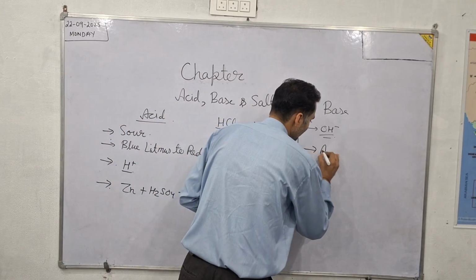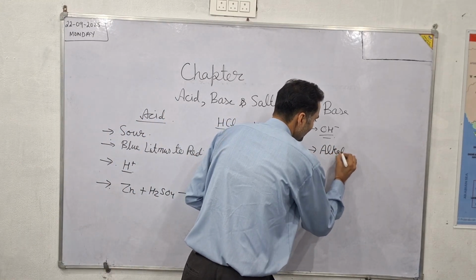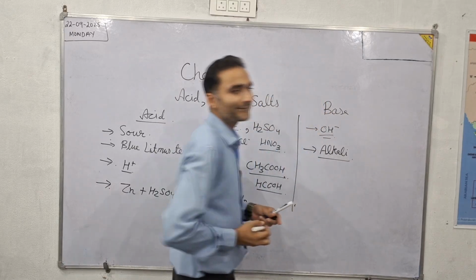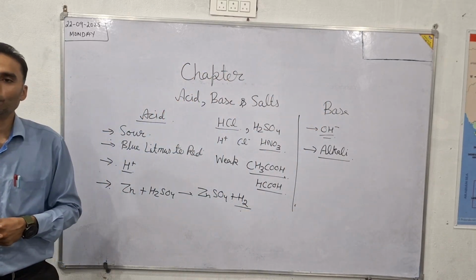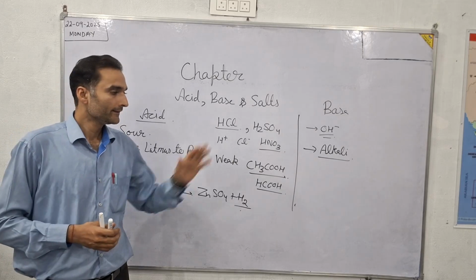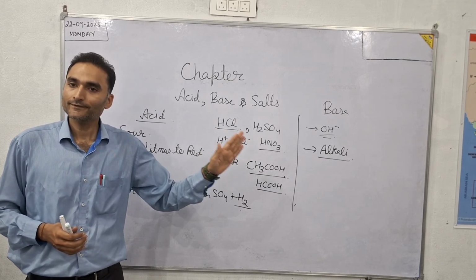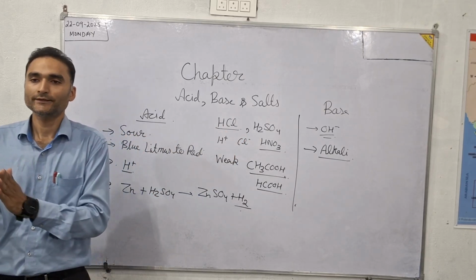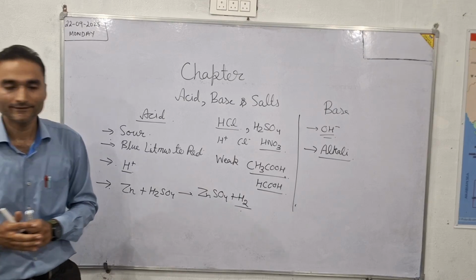They are highly reactive. So students, like acids are classified into strong acids and weak acids, bases are also classified as strong bases and weak bases. Those that completely dissociate into ions are strong, and those that partially dissociate into ions are weak bases.